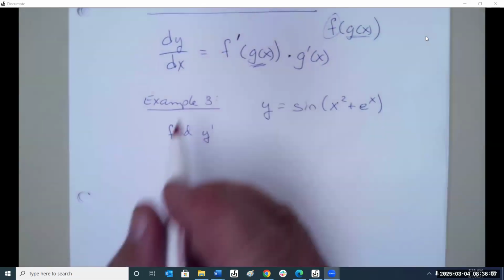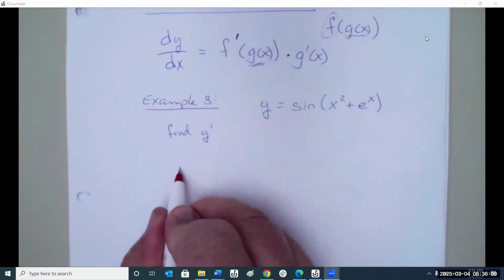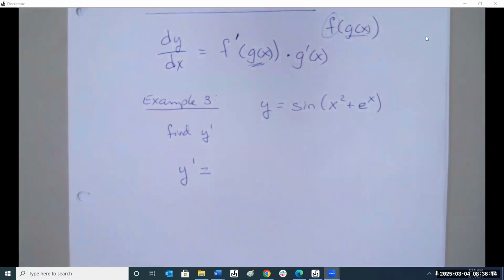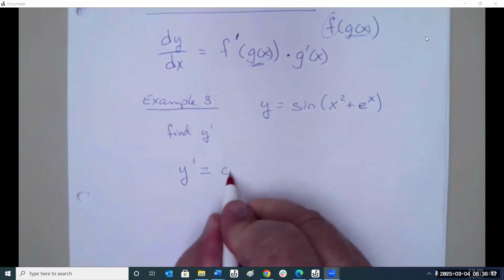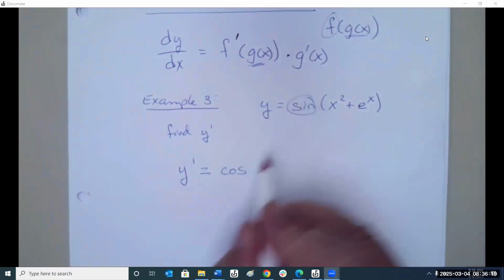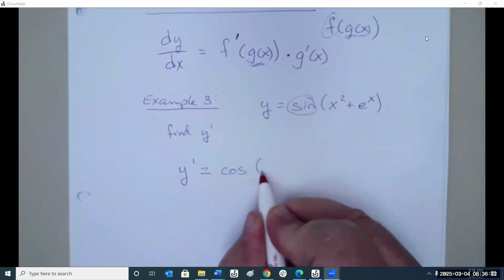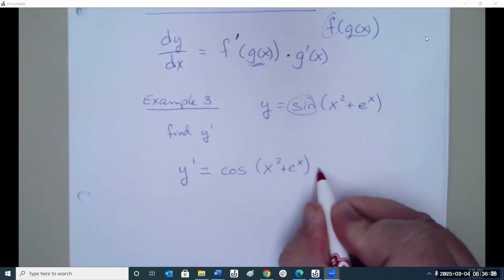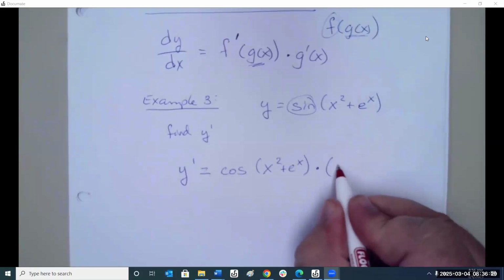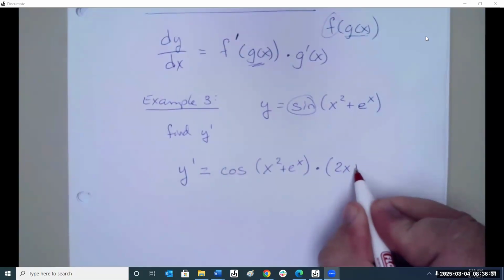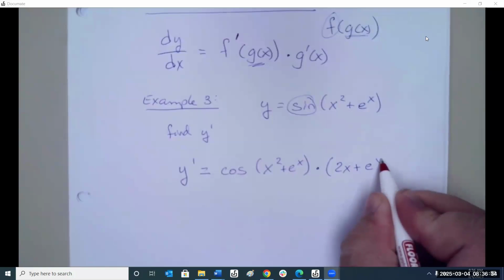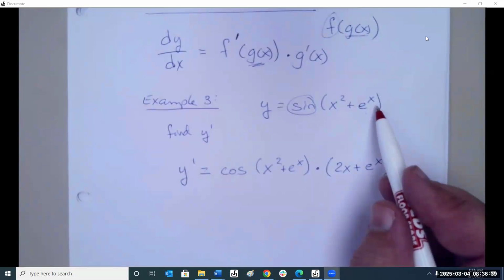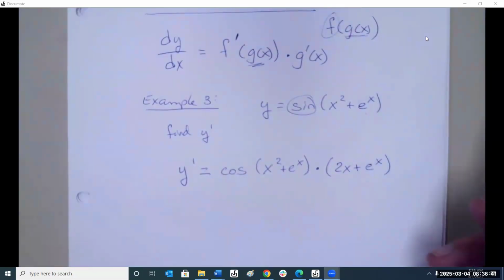Okay, so with what we just talked about, what is the answer? y prime is equal to the derivative of sine, which is cosine. Very good. So what's the derivative of e to the power x? e to the x.